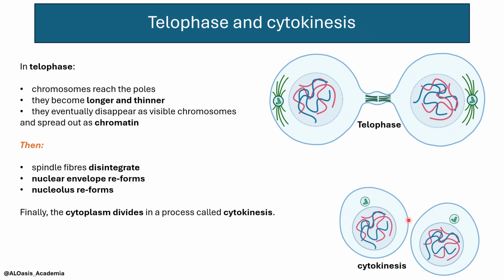The process of dividing the cytoplasm is called cytokinesis. So cytokinesis is not a stage on its own, but rather a process of dividing the cytoplasm. So collectively, during telophase, the nucleus is restored, and cytokinesis finishes the cell division by dividing the cytoplasm.